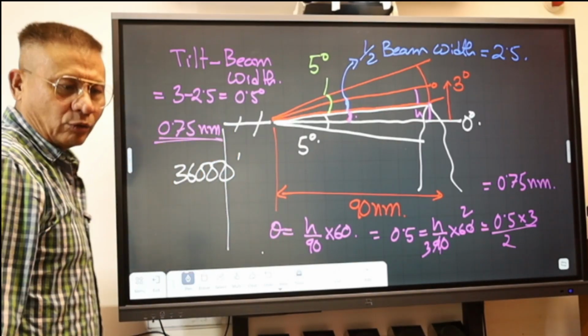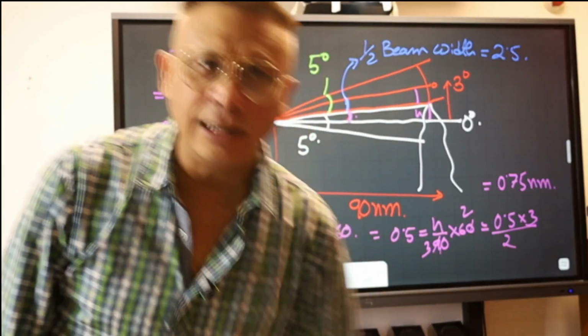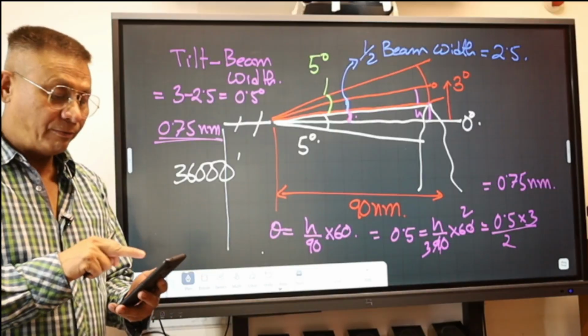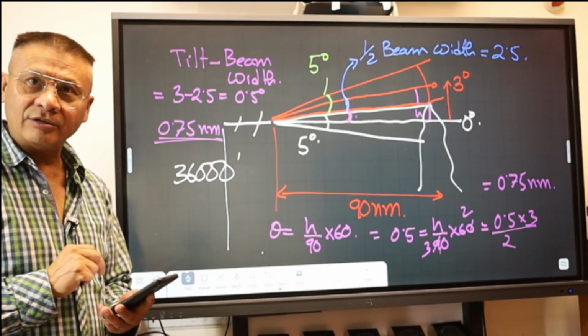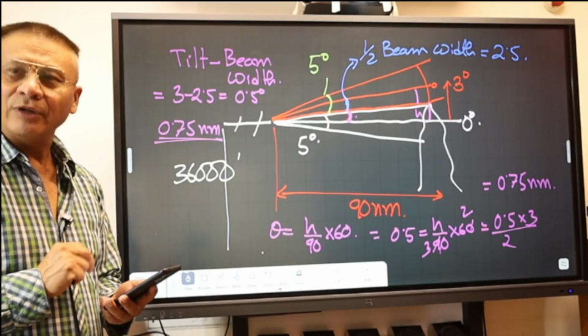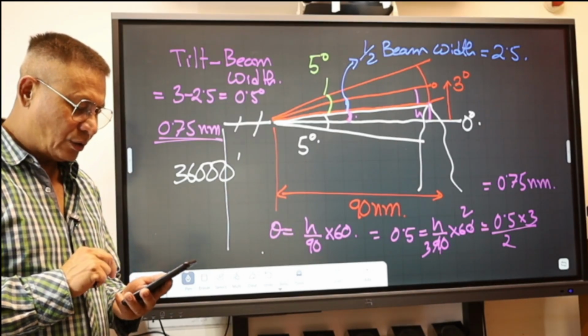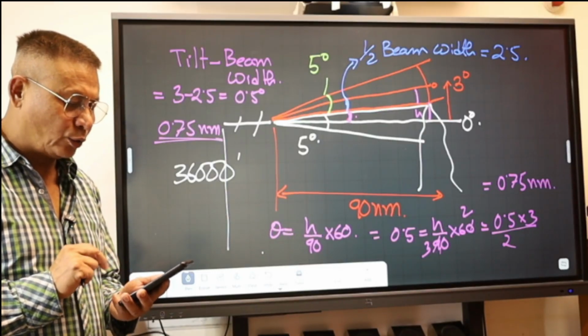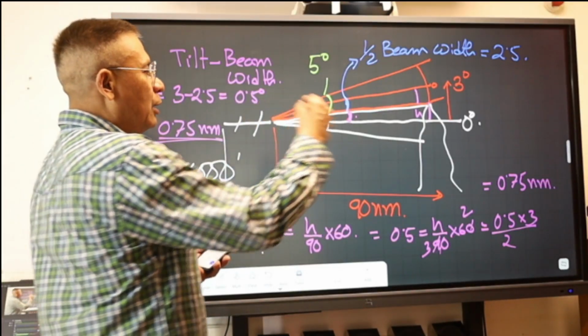We generally do not express the height in nautical miles. We express it in feet. So I need to convert this 0.75 into feet by multiplying it by 6080. So 0.75 multiplied by 6080 is equal to 4560.